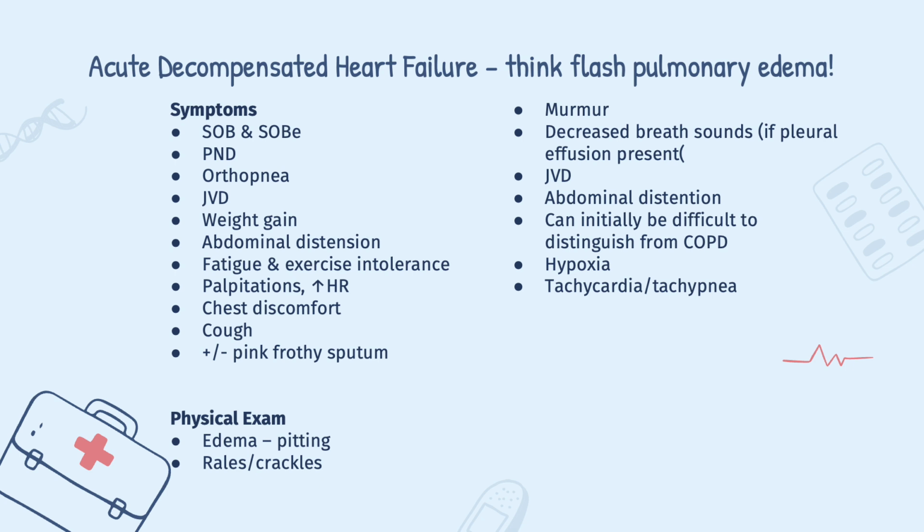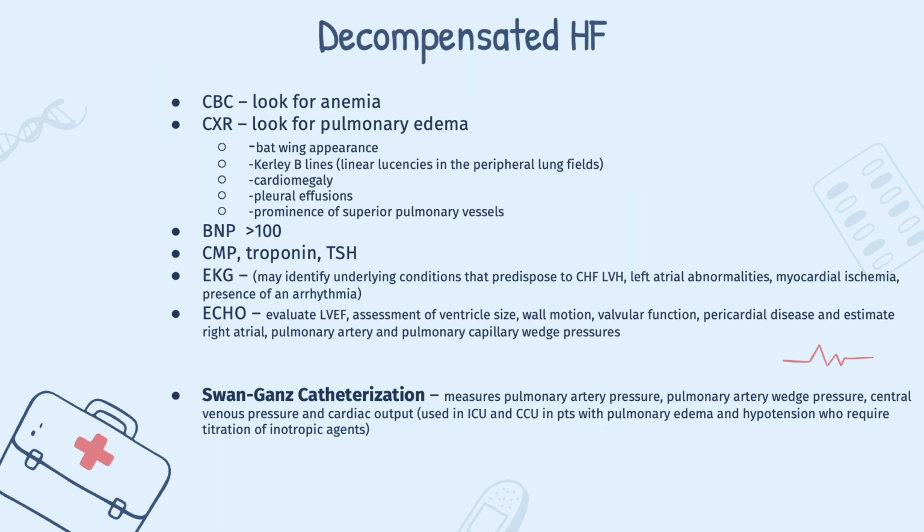And there are some non-cardiac causes that can be related to high output failure as well. So those patients with extreme anemia, as well as thyrotoxicosis, which we talked about in our endocrine lecture.